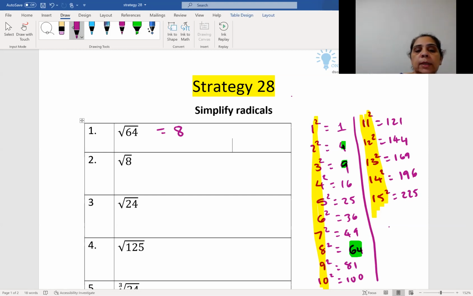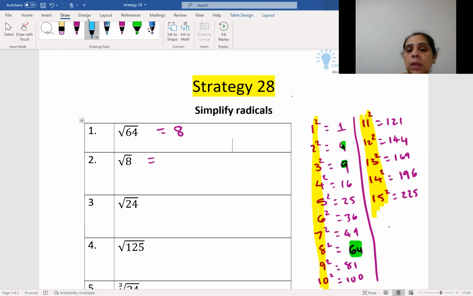So how can you decide what factor of 8 is a perfect square? Very simple to decide. Here we have the perfect squares: 1, 4, 9, 16, and so on. So I will check, can I divide 8 by any of these perfect squares?